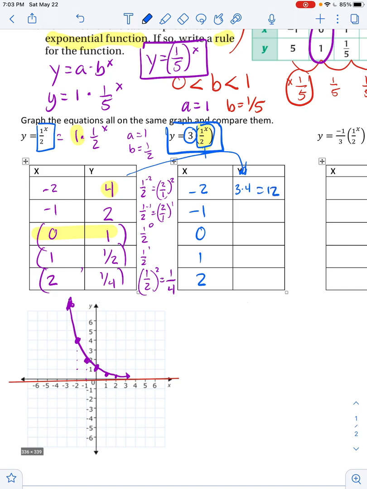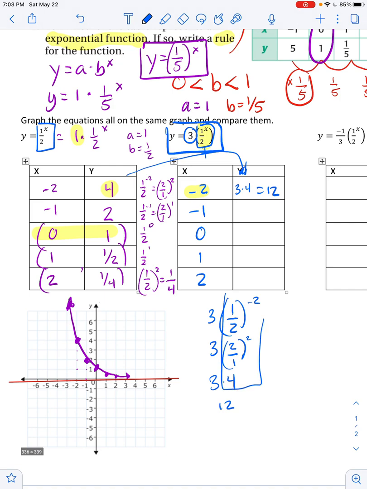So I end up with a 12. If you're confused about what I just did, instead of taking 3 times 1/2 to the -2 power, because I'm using -2 as my plug-in, then I would have had to flip this over to make this positive. 2 squared is 4. 3 times 4 is 12.